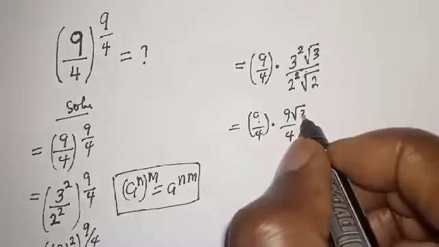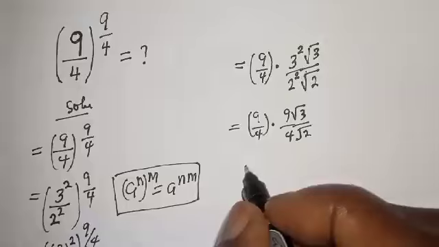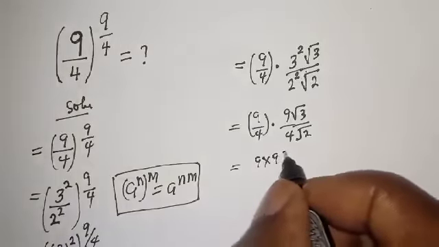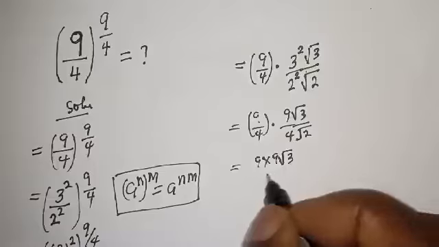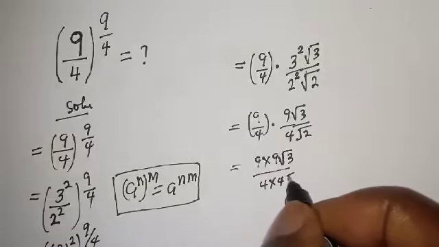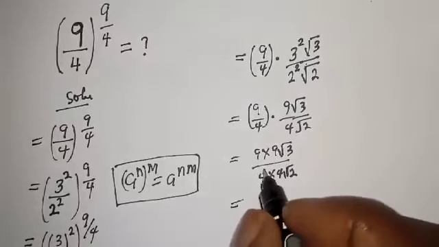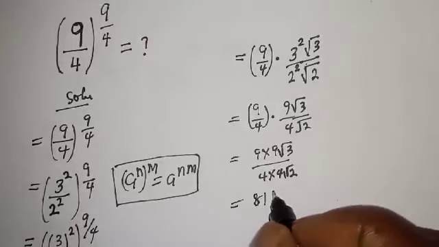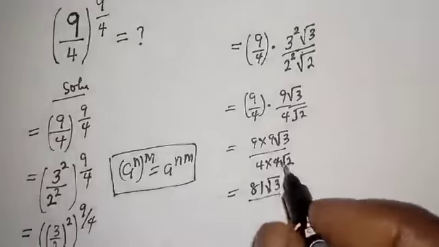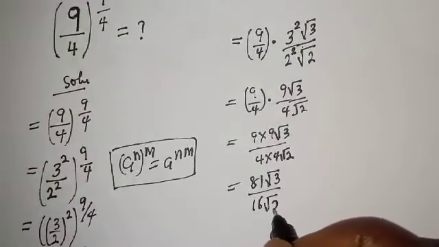Here is root 3 and here is root 2. Equal to 9 multiplied by 9 root 3 over 4 multiplied by 4 root 2. This is equal to 9 times 9, 81 root 3, over 4 times 4, 16 root 2.